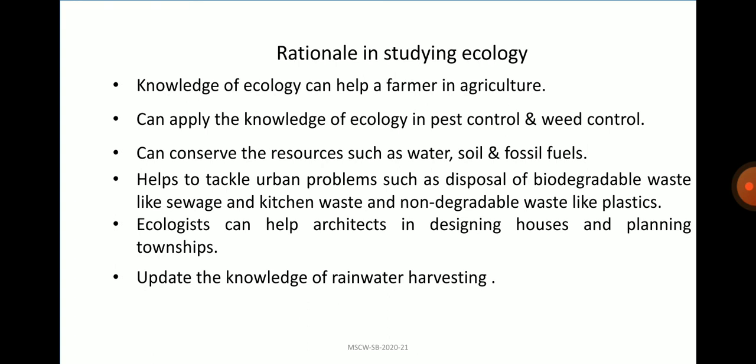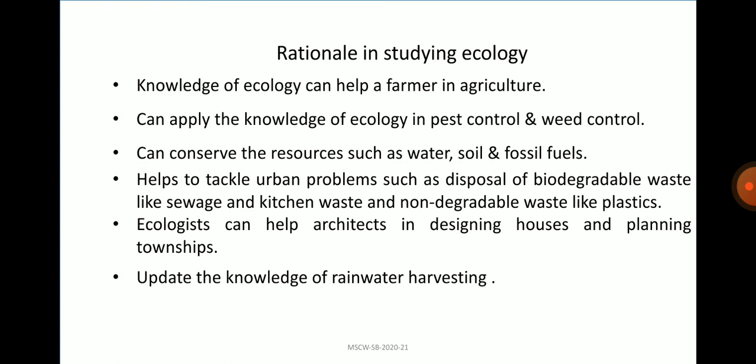As we know, the knowledge of ecology can help a farmer in agriculture. He can learn about the merits of crop rotation and the need to replenish the fields with adequate and appropriate biofertilizers. He can implement organic farming.